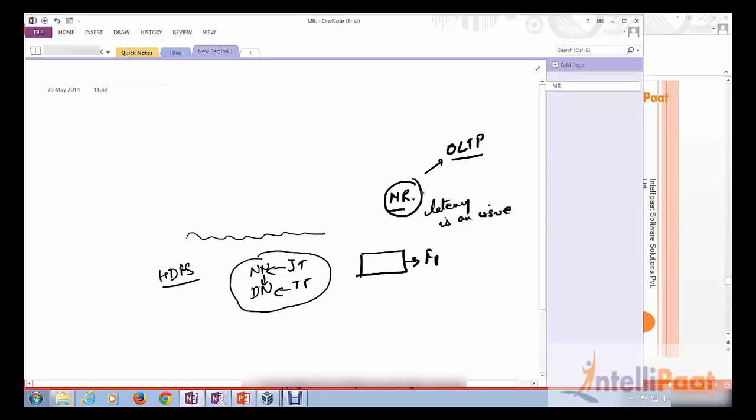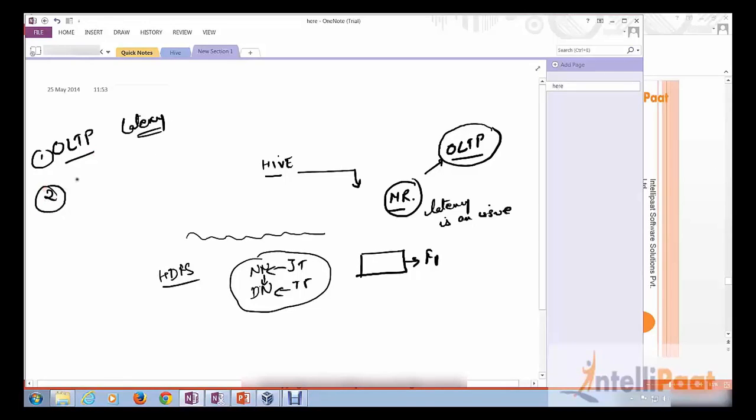So latency is an issue, and you can't use MapReduce for OLTP, online transactional processing. Because Hive converts everything to MapReduce, it automatically means that Hive is not suited for online transactional processing. Correct? So that is point number one: where latency is very important, you cannot use Hive.